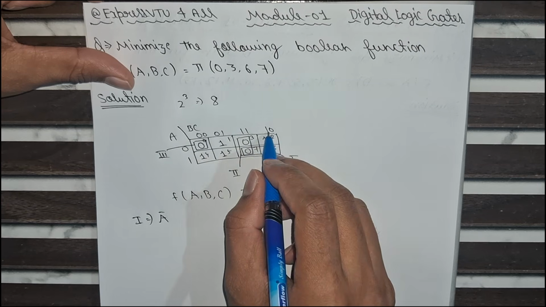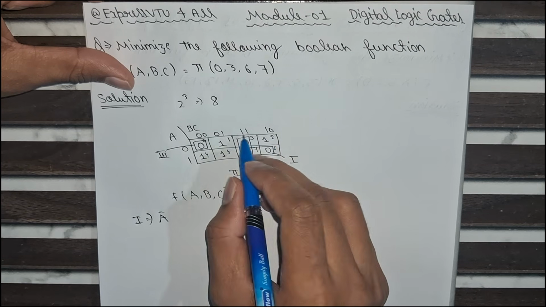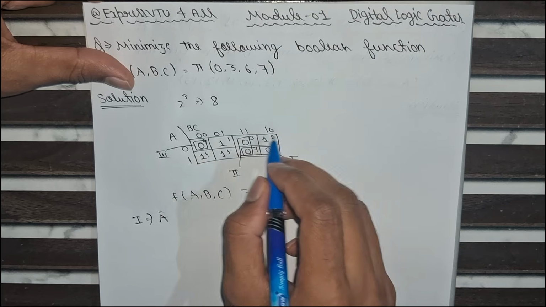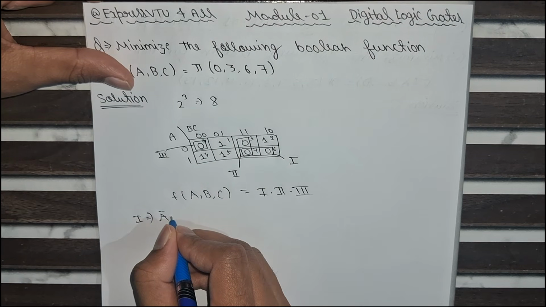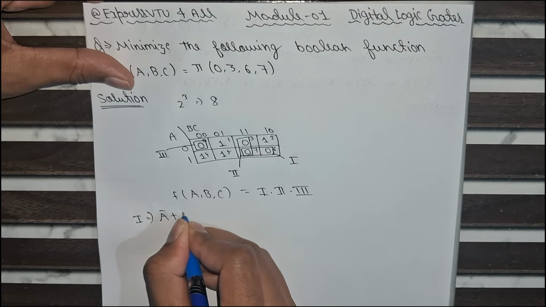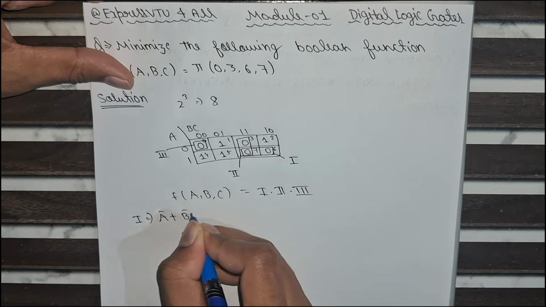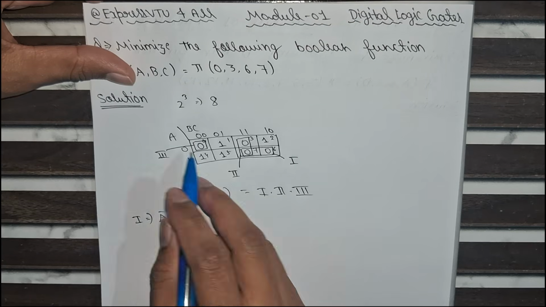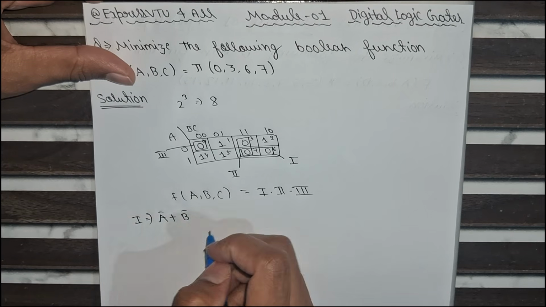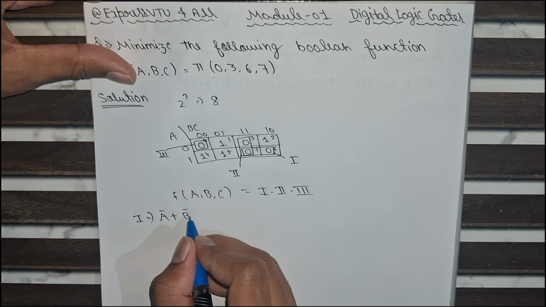So for B, 1 to 1 it is the same, but for C, 1 to 0 it is changing. So we will only take B. So again we are taking this as plus and B bar. Basically we are taking the complement, the opposite, of the first group. So it will become A bar plus B bar.